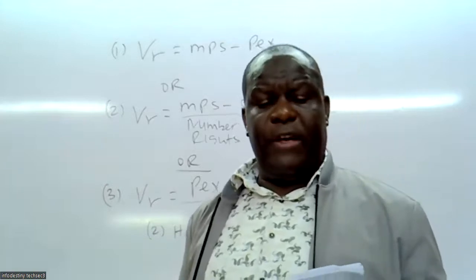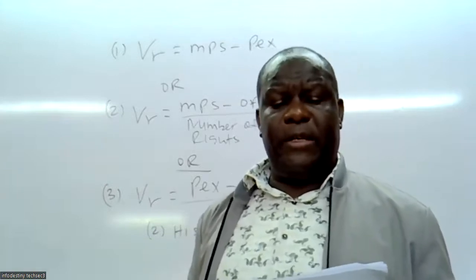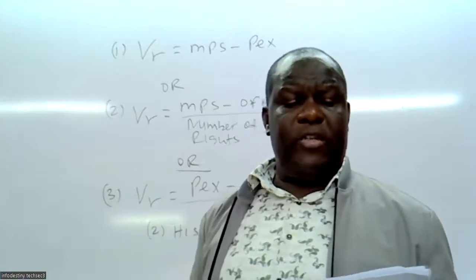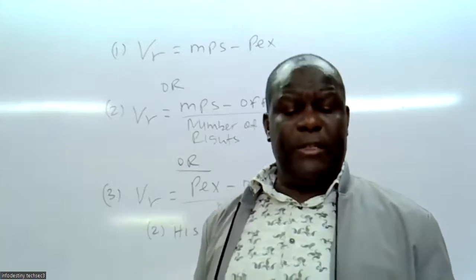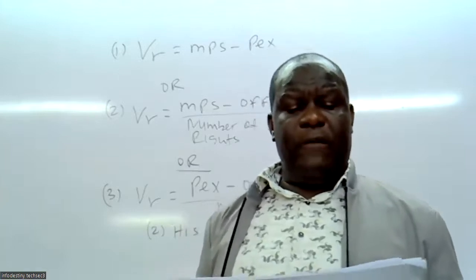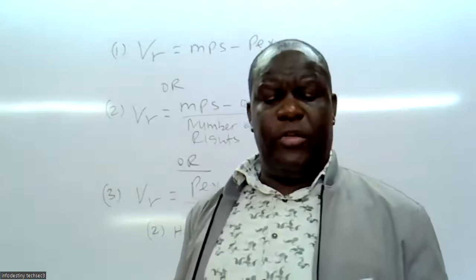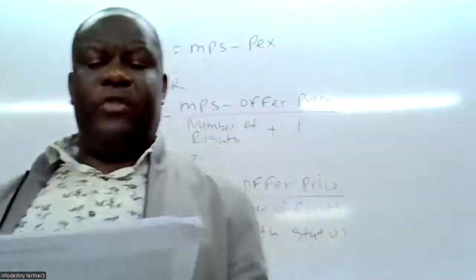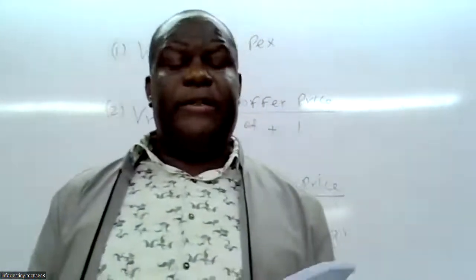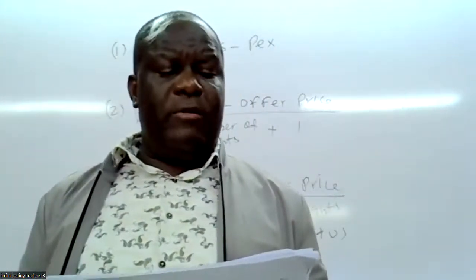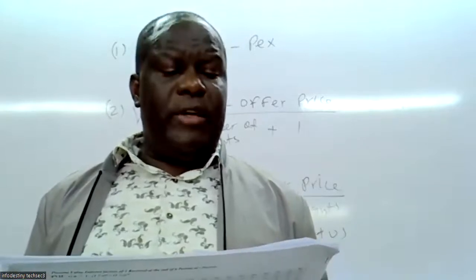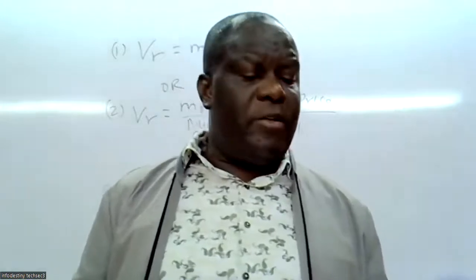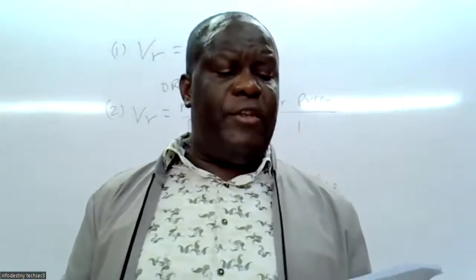The shares of the company are currently being traded on the securities exchange with a price earning ratio of 20 times. So the board of directors have decided to issue the new shares at a 25% discount on the current market price. So now required, Roman letter 1, the theoretical ex-rights price of the ordinary share of the company. Roman letter 2, the theoretical value of each right.